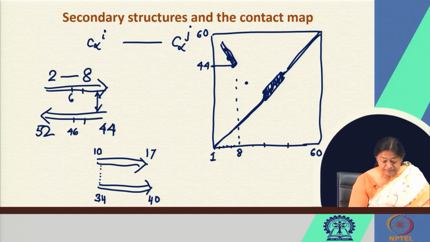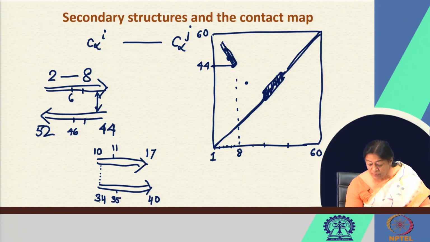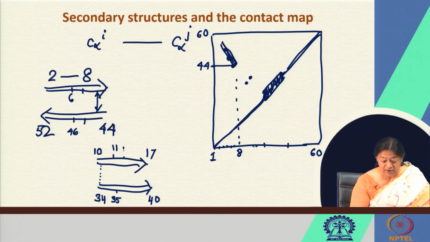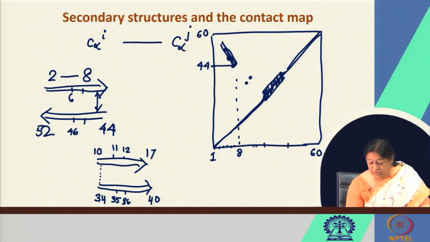Then we have 11 close to 35, which would be another point here. Then I would look at 12 and 36. So, again one on the right, and what I see is that I have a parallel connectivity.